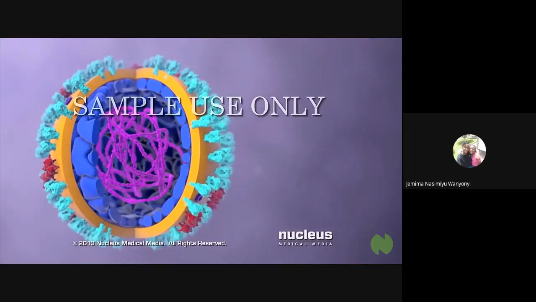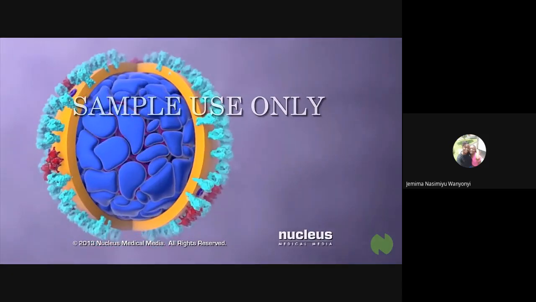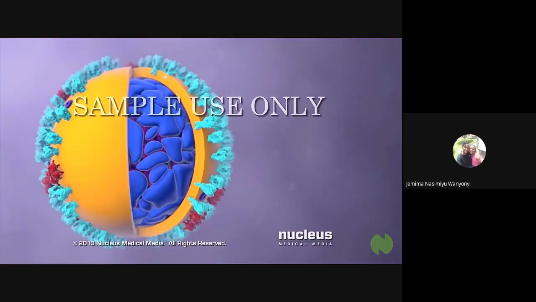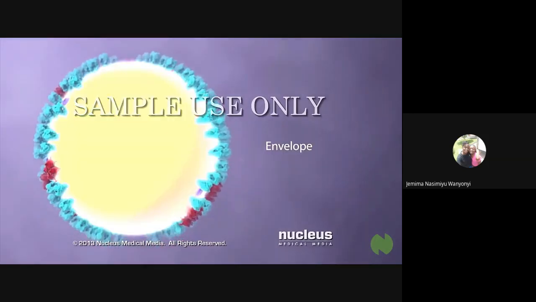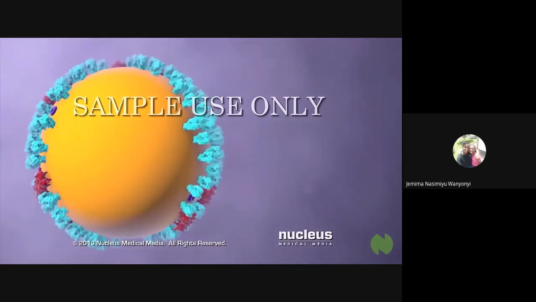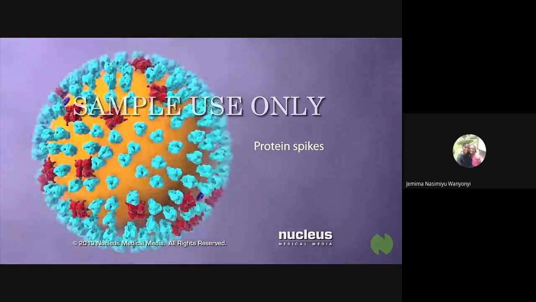A protein shell provides a hard, protective enclosure for the genetic material as the virus travels between the people or animals it infects. An outer envelope allows the virus to infect cells by merging with the cell's outer membrane. Projecting from the envelope are spikes of protein molecules.